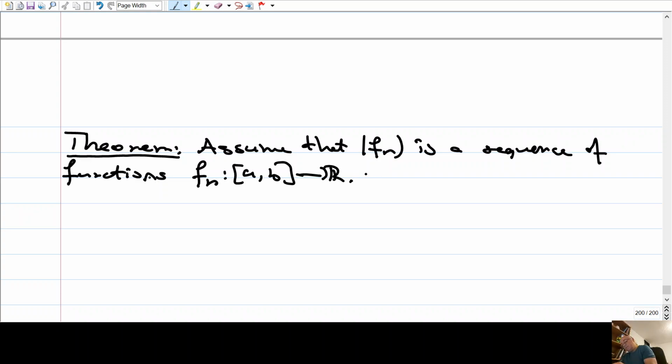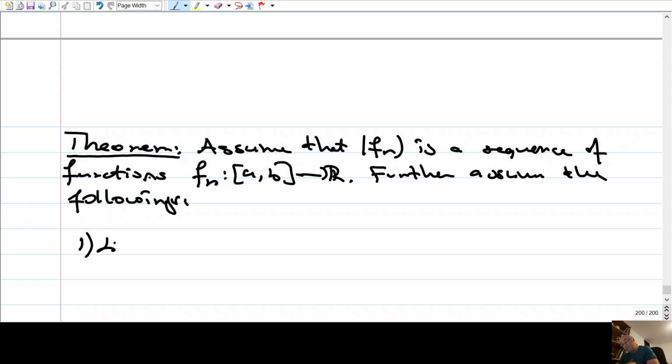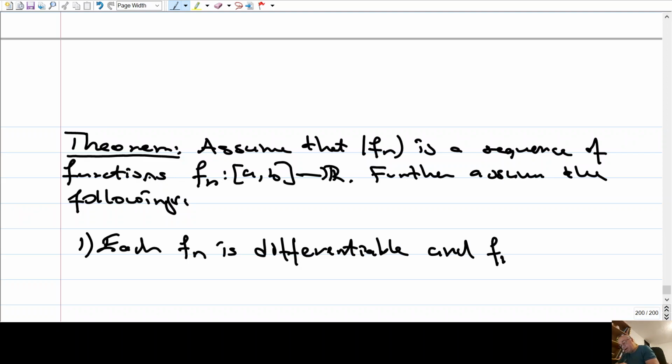Further assume the following. I assume that each Fn is differentiable, and Fn prime is also continuous. So they are continuously differentiable.